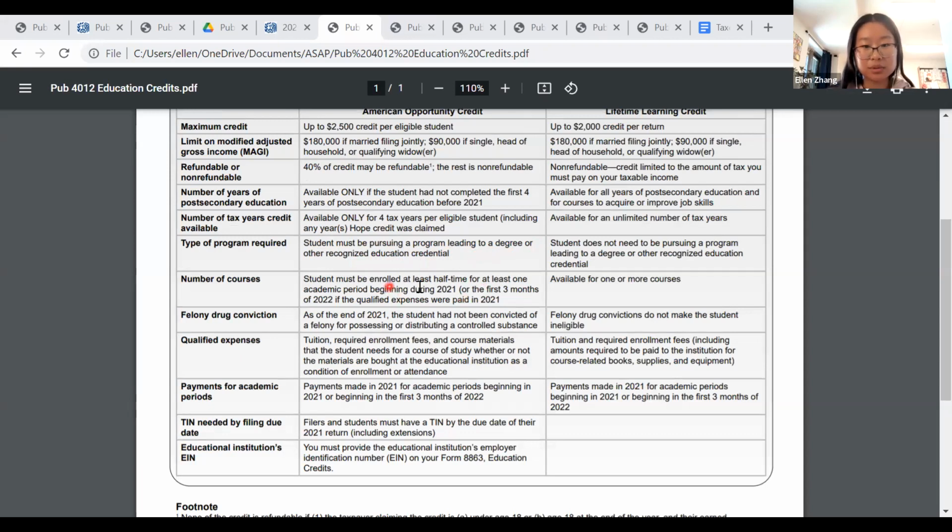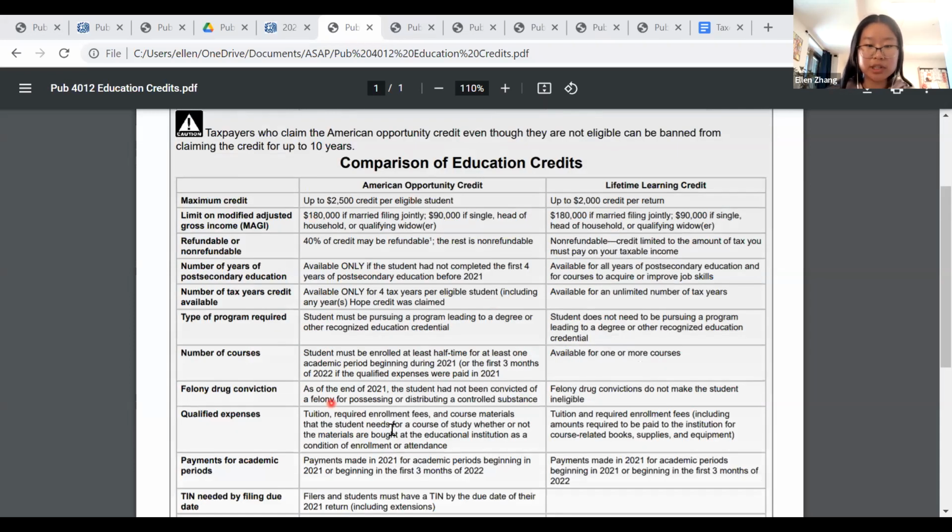So you must be enrolled at least half-time for at least 1 academic period. You must not have any felony drug convictions. And then the amount of your credit is based on some qualified educational expenses, such as tuition, required enrollment fees, and other course materials. I'll talk about this section in more detail later, but that's just an overview of the American Opportunity Credit.